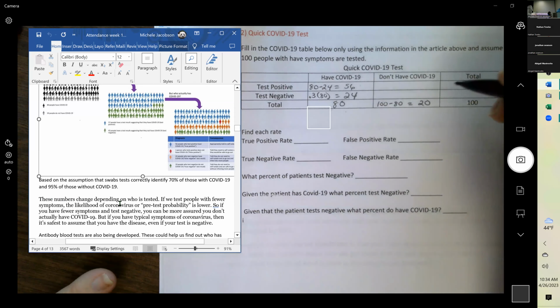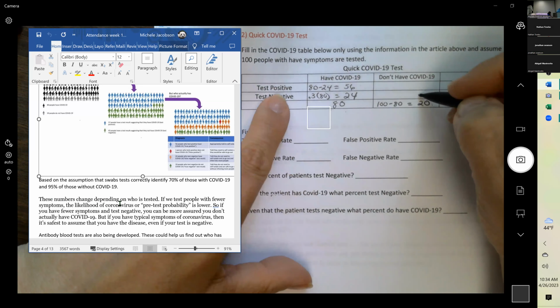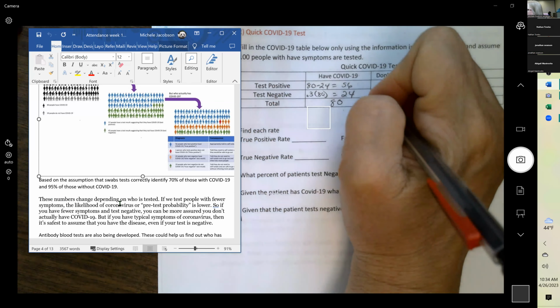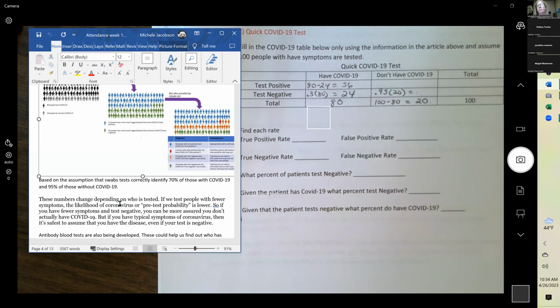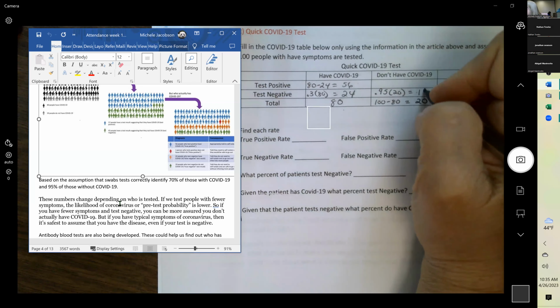So if we look at the ones that don't have COVID, to be correct, it would be this one because you don't have COVID and you test negative. And that is 95% of the 20. That's 19.